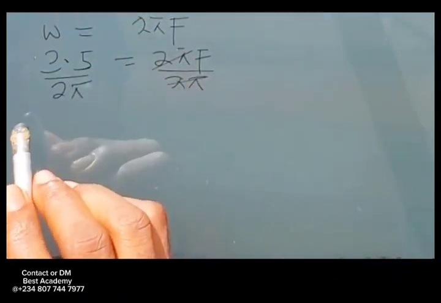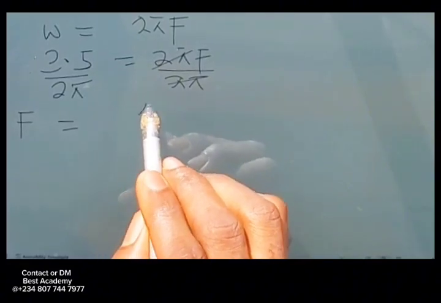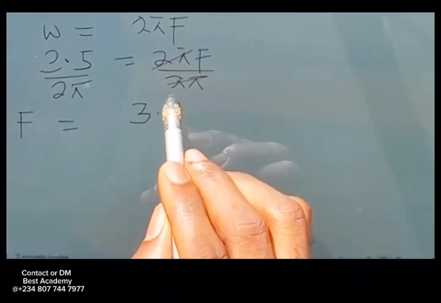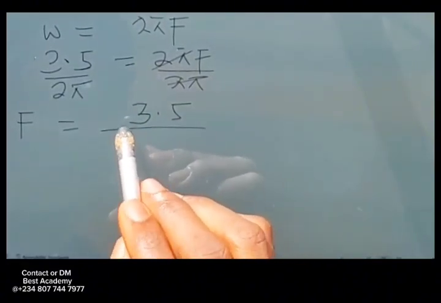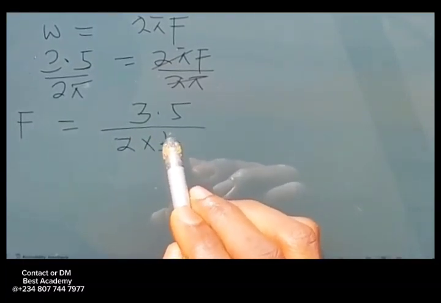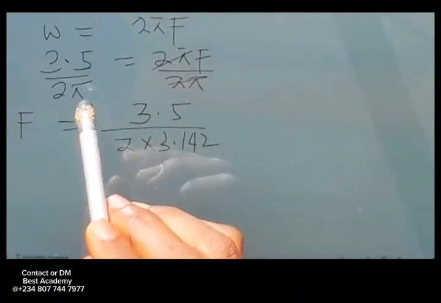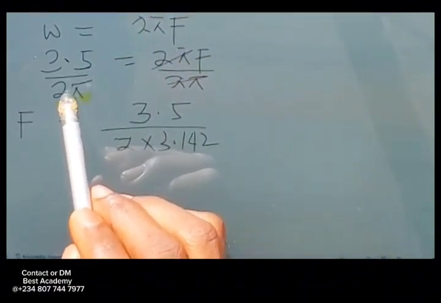That means my f is said to be 3.5 divided by 2 times 3.142. The 3.142 is the value of pi, which is a constant value.